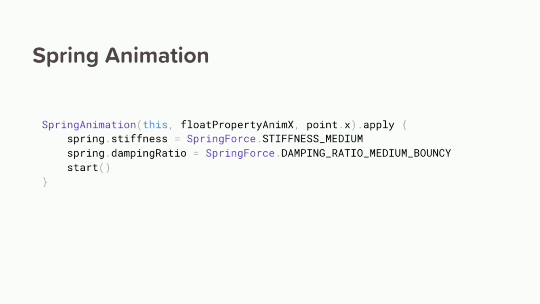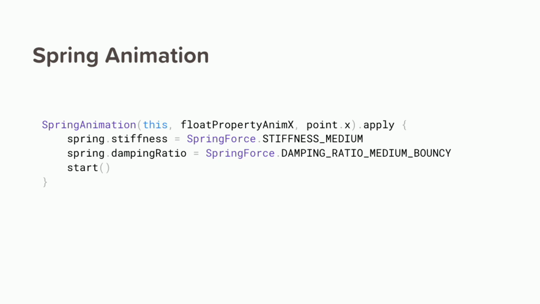So to actually use that spring animation, we create a spring animation class, and we give it the property this, which is just the custom view that I was in, and we give it the X property compat object that we had before, animation X, so it knows what to set when the animation is running, and how to get values from it.